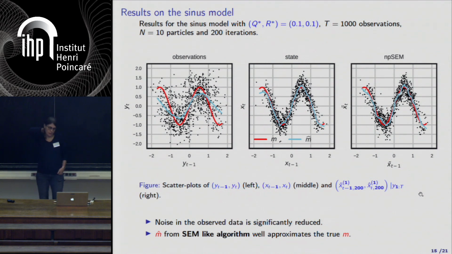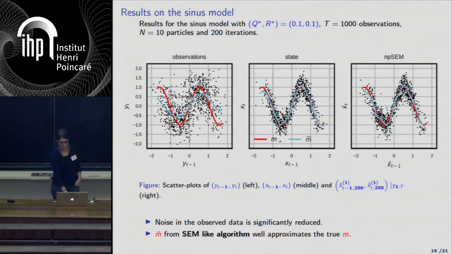So this is a slightly different plot. It's again for the sinus model. We suppose that at the beginning we have 1,000 observations, and the SEM algorithm has been run with 10 particles and 200 iterations. In the middle you have the true states we used to do the experiments. On the left, the observations.